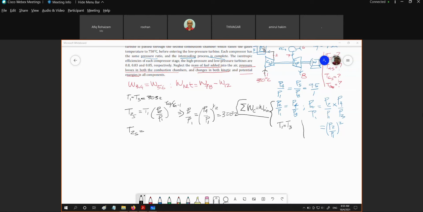I got 155.76 for T2S. Yeah, but it's a bit too high, Doctor. Am I writing the wrong equation right here? It's gamma minus 1 over gamma, right?